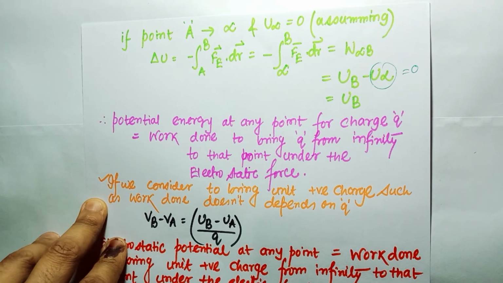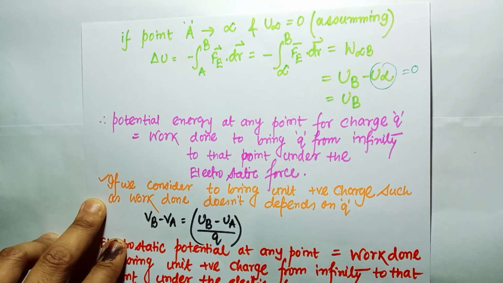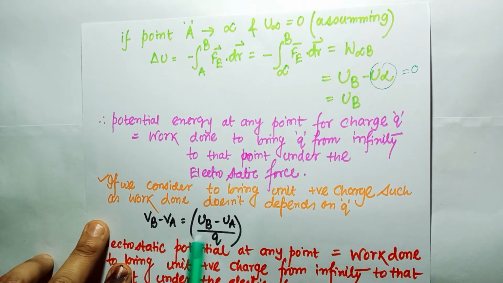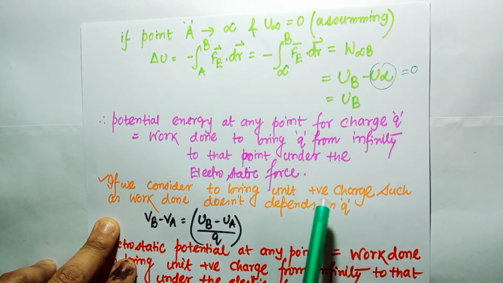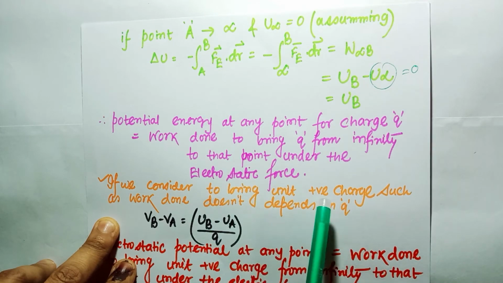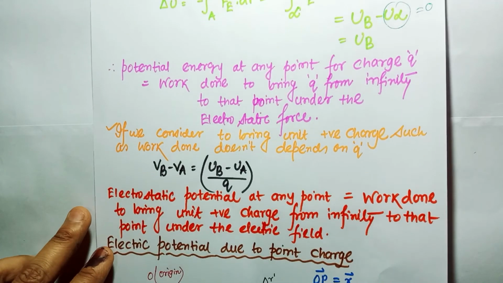So up to now we have understood that the potential energy of any charge at any point inside the field is the amount of work done to bring the charge from infinite distance to that point against the electrostatic field. If we consider bringing a unit positive charge instead of plus Q, the work done does not depend on the charge value.